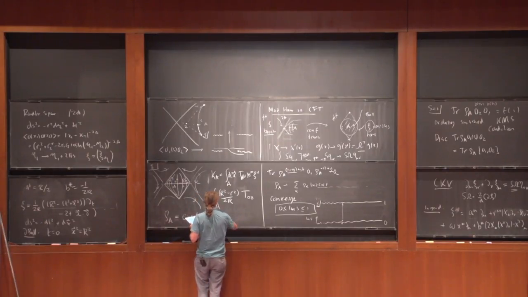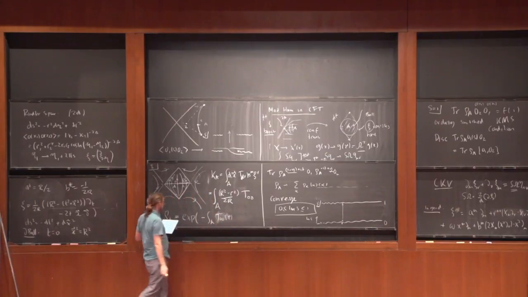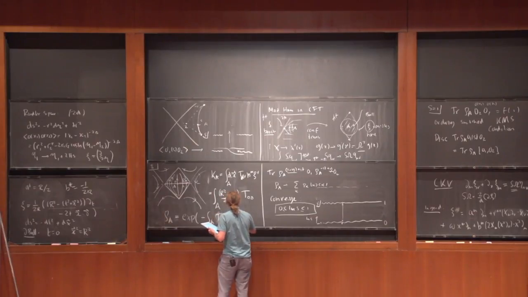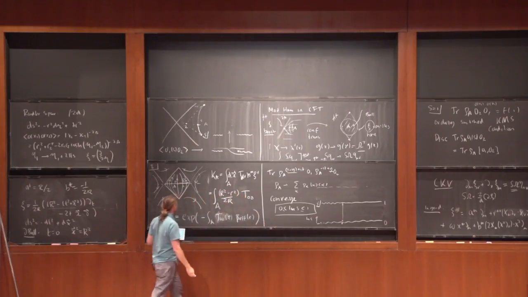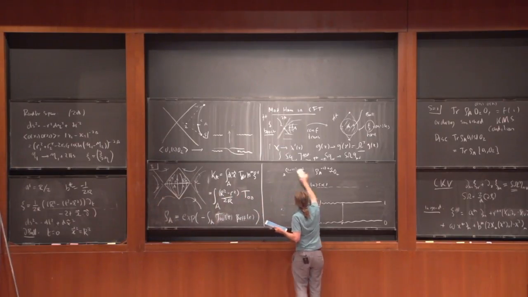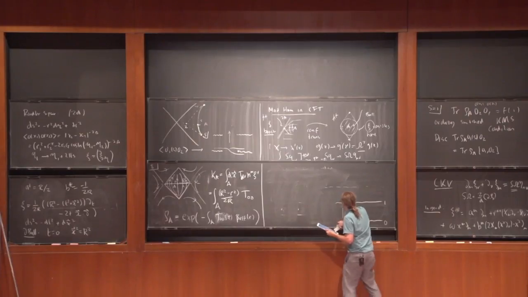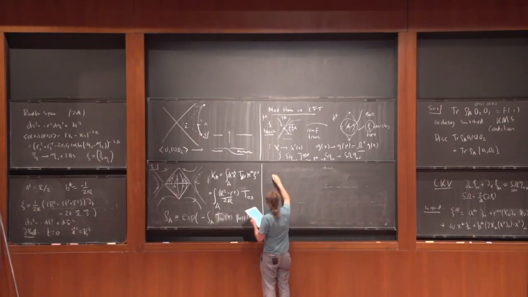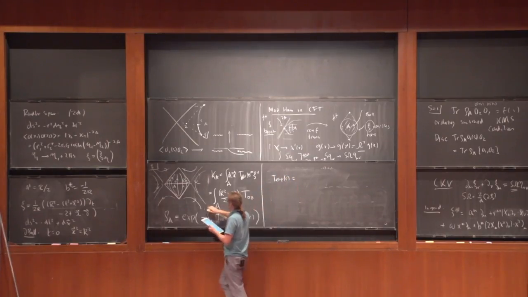So this T00 is just the energy density of the quantum field theory times some effective temperature that depends on R. This effective temperature depends on where you are.